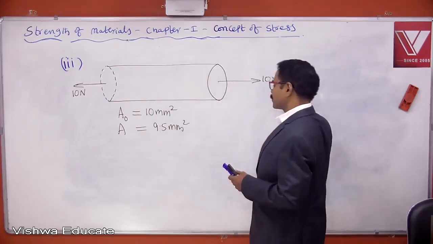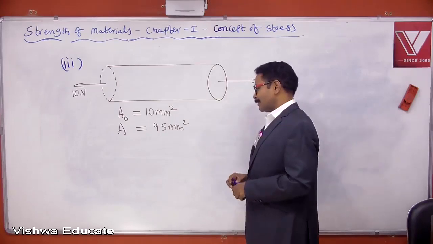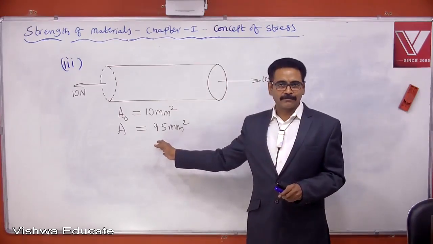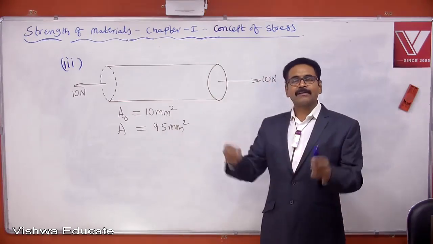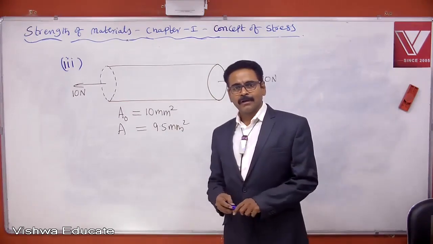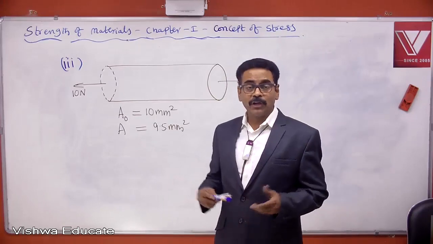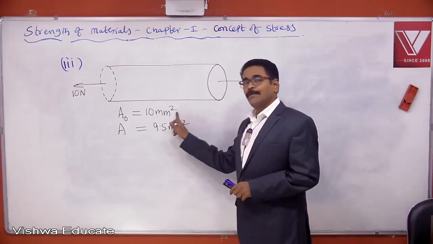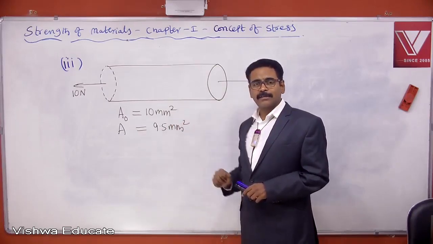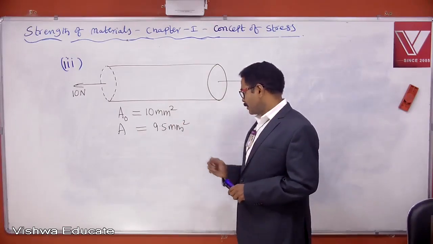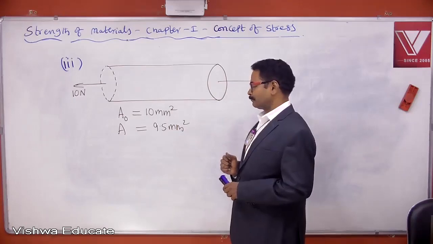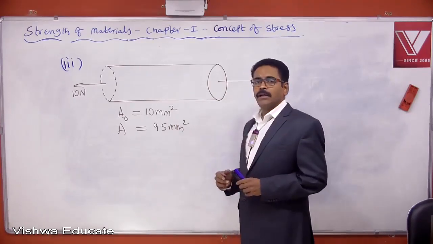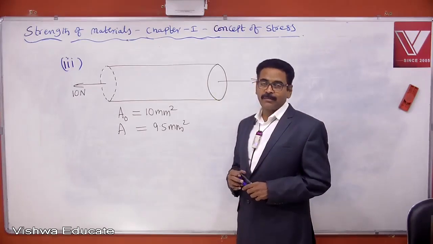When you apply this load, it is decreased to 9.5 millimeter square. When you apply tensile force, length will increase, area will decrease. Before load, area of rod is 10 millimeter square. After application of load, since length is increasing, area is 9.5 millimeter square.